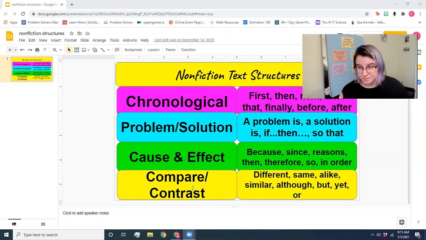I want you to look at it, and I want you to tell me whether it is chronological, problem or solution, cause and effect, or compare and contrast. Okay? All right, that being said, let's get started. Remember to write down your answers so we can talk about them on Zoom.